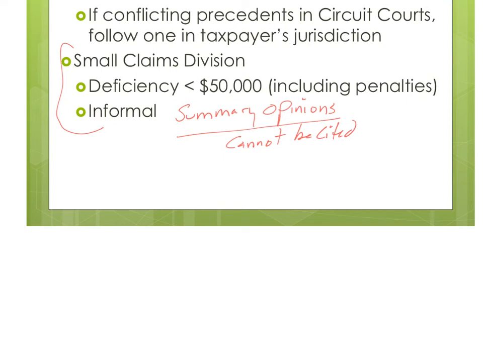Now, how do you cite a tax court case? Well, you're going to see the case name, and then a group of numbers, and then T.C., and then some more numbers.